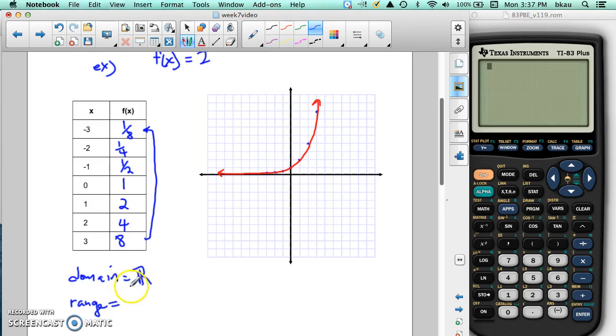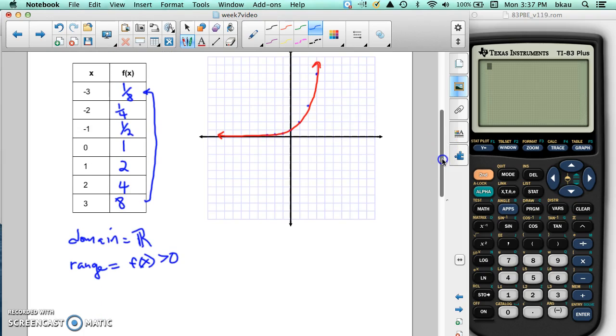So f of x has to be greater than 0 here for the range. It has an asymptote at y equals 0, or the x-axis.